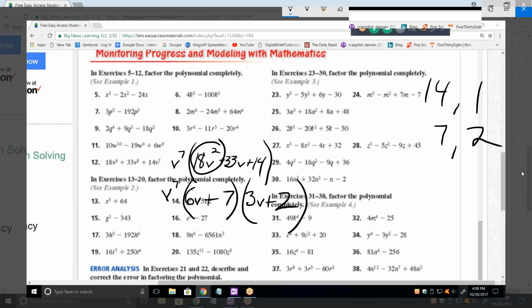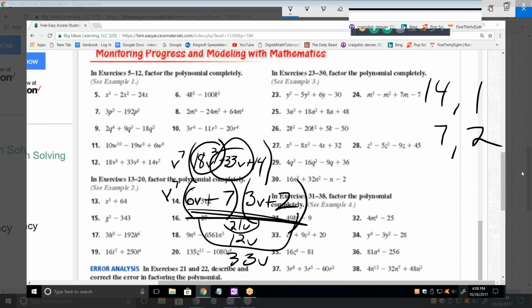Notice that our first guess has been correct almost every time. In other words, using the two factors that are closest together is what I mean by our first guess. In other words, 6 and 3 worked, and 7 and 2 worked. Because that produces 21v, that produces 12v, that gives you 33v, which is what we were looking at. That's the correct answer.